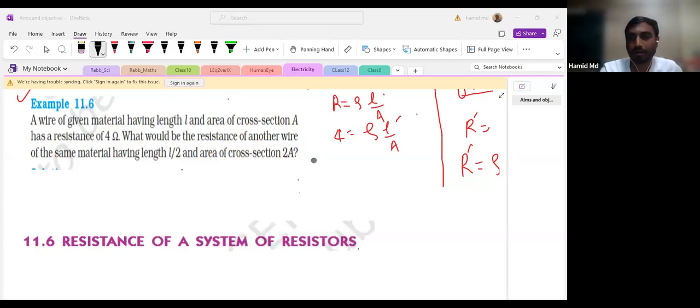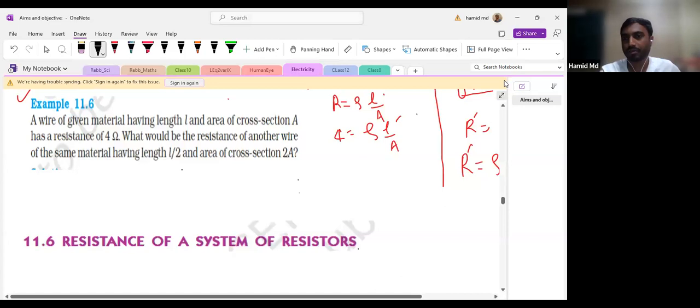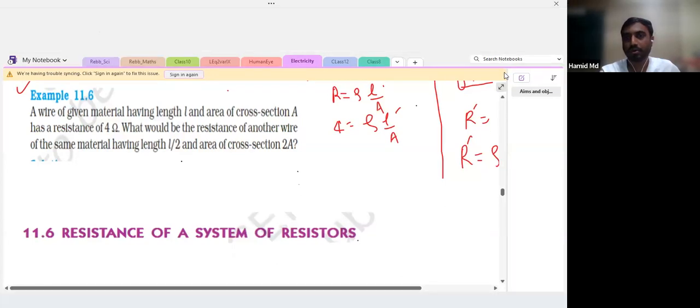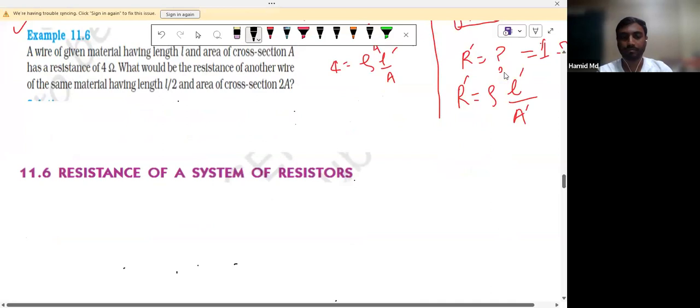Now I think we already studied this relation last time, right? Yes, sir. Okay. So now the point is to draw a graph. Our relation was R is equal to rho L over A, right? Clear?